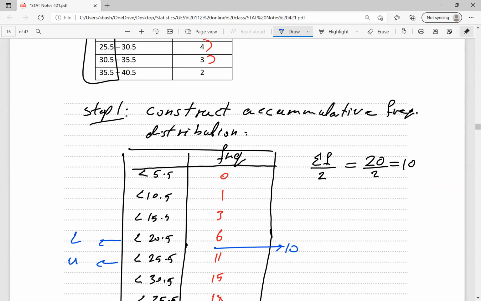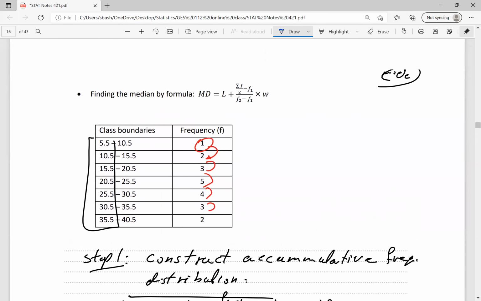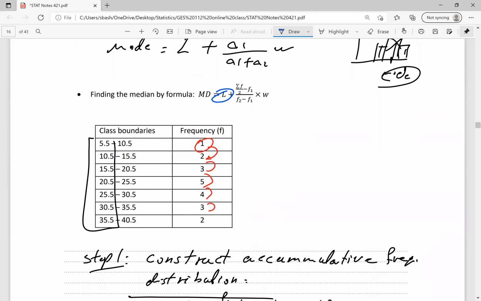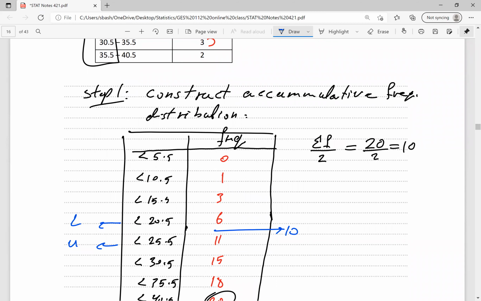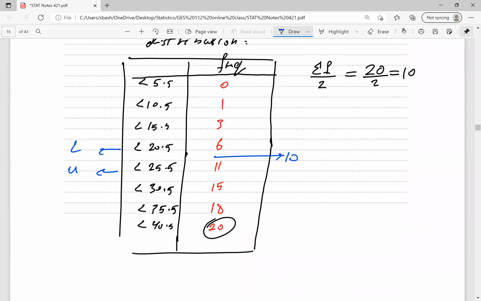If you go back to the formula, I have the median is equal to L plus sigma f over 2 minus F1 divided by F2 minus F1, multiplied by W. So this will be the L. In my case, L is equal to 20.5.